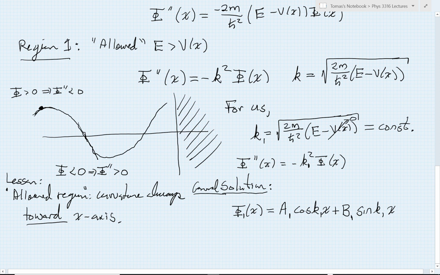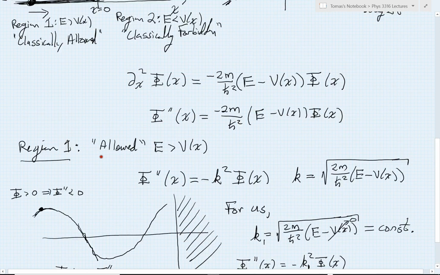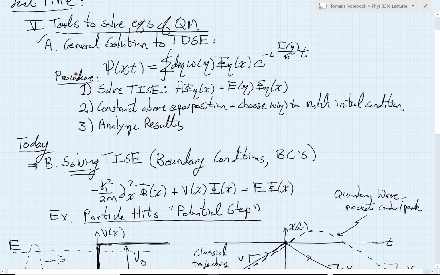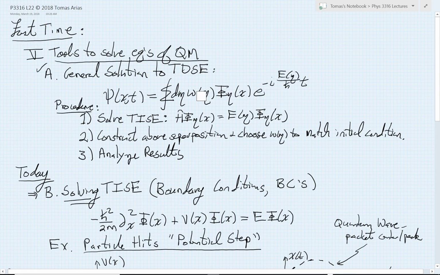Now, it turns out, though, that there can be different equivalent forms for writing down the general solution to a differential equation. So this is form 1. There's another form that very well may prove very useful to us if we think about it. Because let's look at what we're going to do with this solution. Ultimately, we know we're going to use it to build up some kind of a wave packet, right?